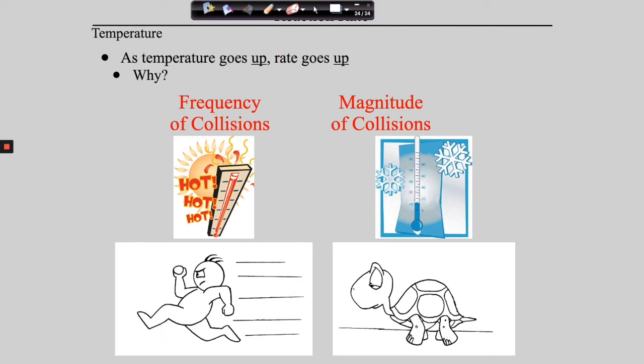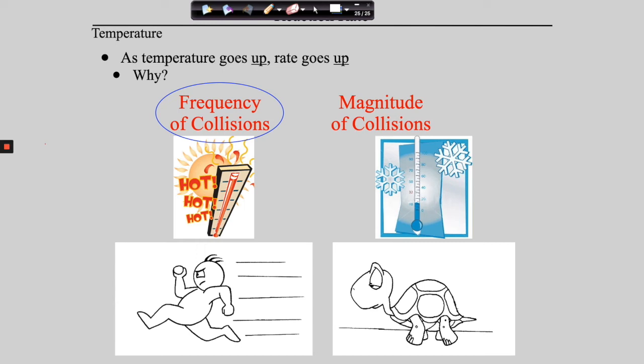Now guys, if they're moving faster, does that change the frequency of the collisions or the magnitude of the collision? Let's do frequency first. If you're moving faster, will you collide more frequently? And guys, the answer is obviously yes. If you're moving faster, you will collide more frequently.